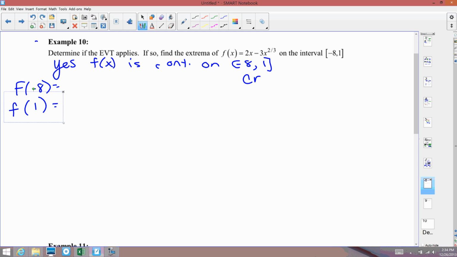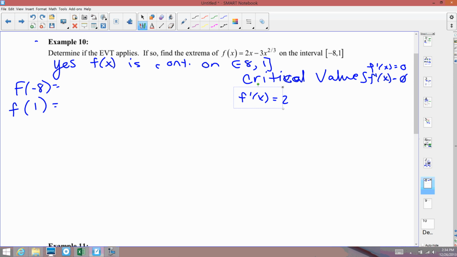All right, so if we're trying to find the critical values, that's going to be where the derivative is 0 or where the derivative is undefined. So let's find the derivative here. F prime of x equals 2 minus 2x to the negative 1/3 power.